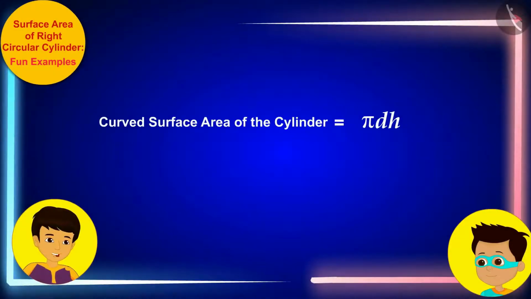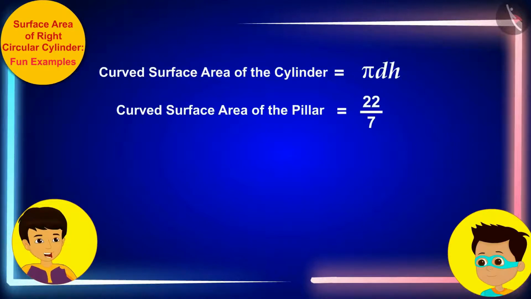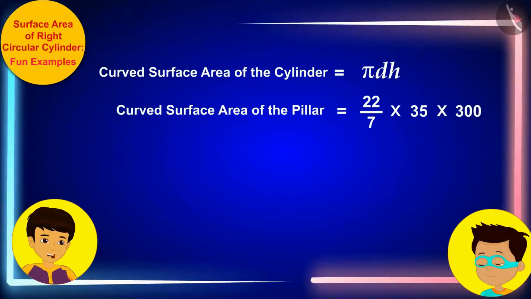Well done, Thomas. Now we have to write the diameter of the pillar 35 centimeter in place of d and the height of the pillar 3 meter or 300 centimeter instead of h, respectively, and solve.